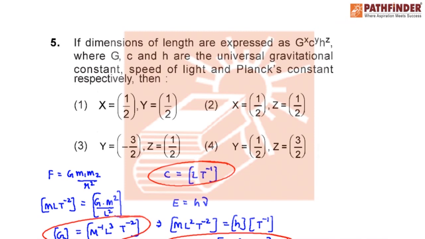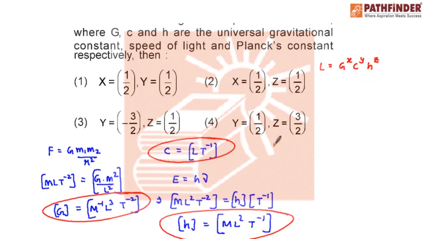Now to express length, we frame a formulation like this: L is proportional to G to the power x, c to the power y, h to the power z. I am neglecting the constant for the time being. So G can be written as m to the power minus 1 L cube t to the power minus 2, all to the power x, times L t to the power minus 1 to the power y, times m L square t to the power minus 1 to the power z.